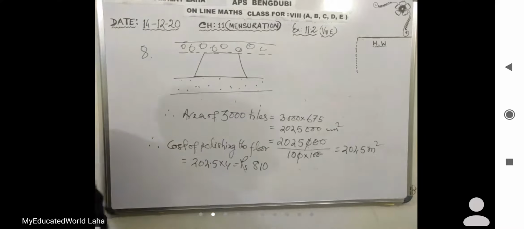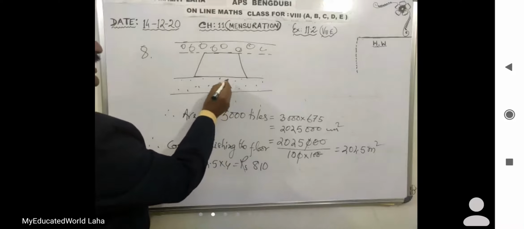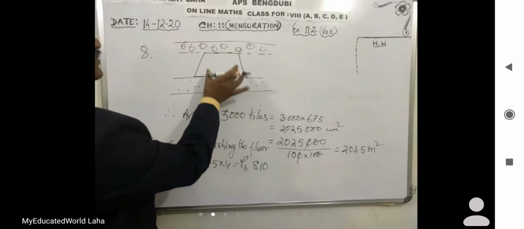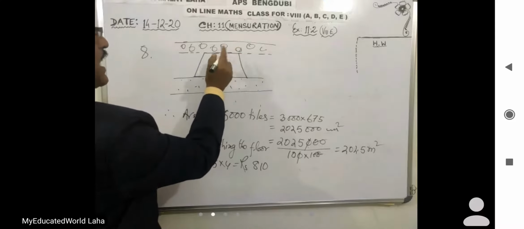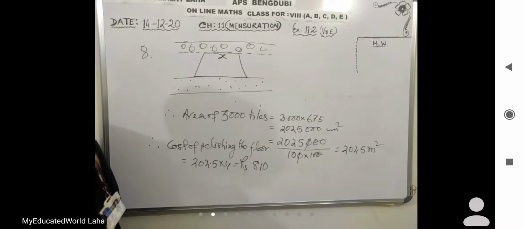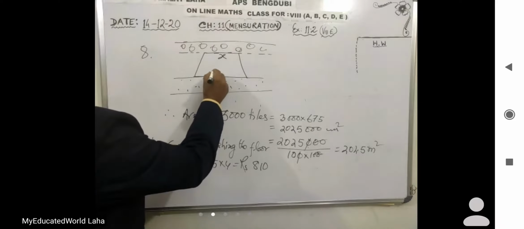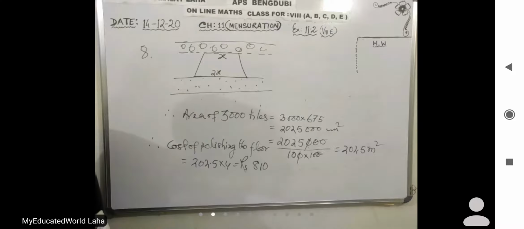The condition they are saying is that the river side base is twice the road side base. If I am taking this one as x, let the road side parallel side be x, then the river side will become 2x.